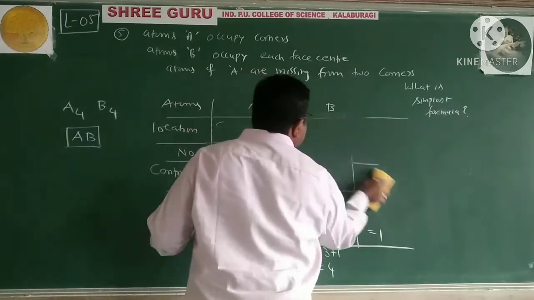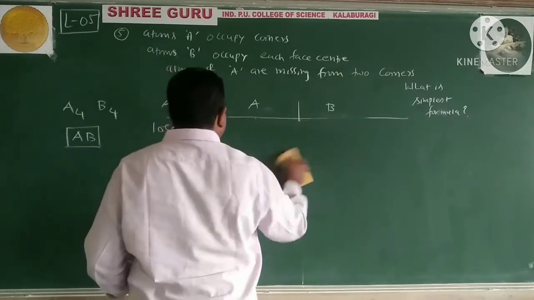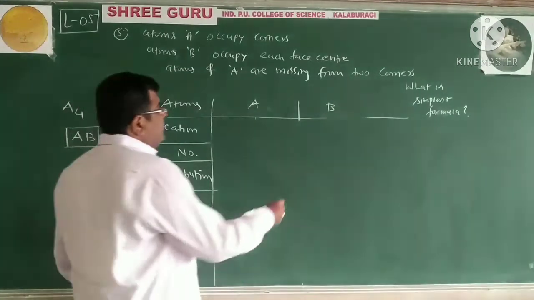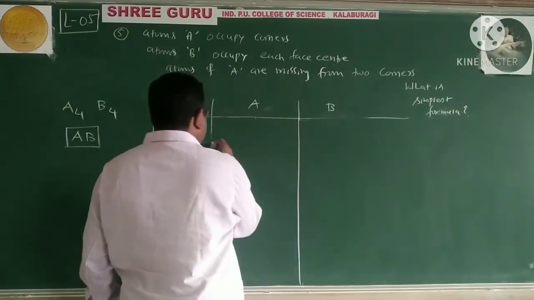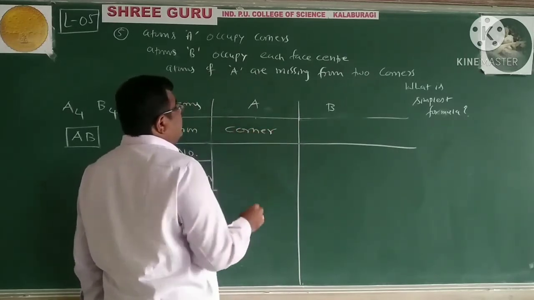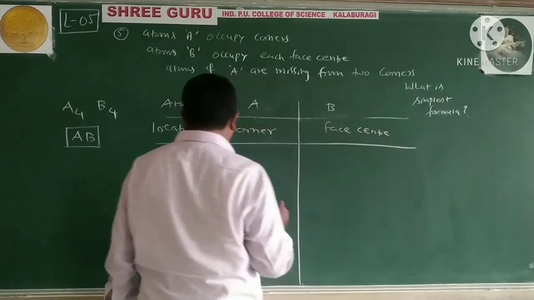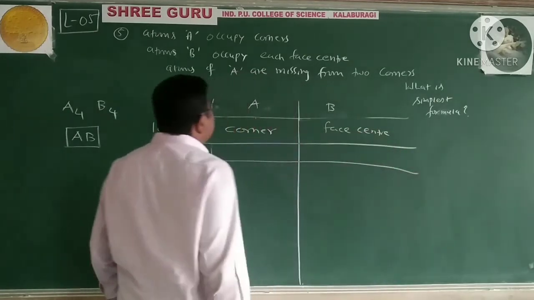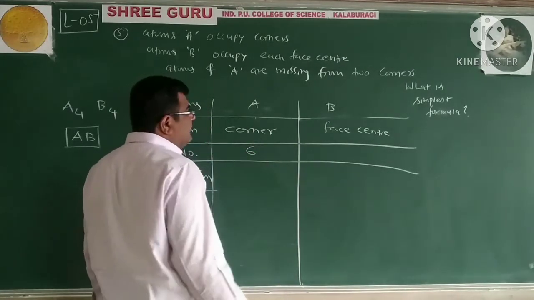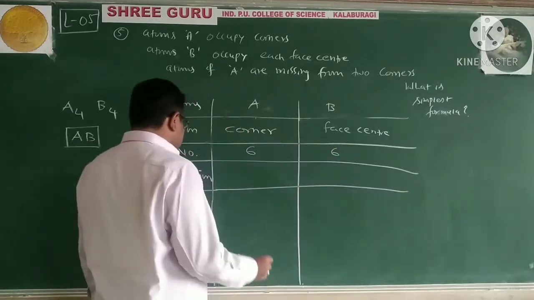I think exactly similar type of question we have solved in question number 2. It is just a different situation here. The location of A is corner and that of B is face center, and atoms of A are missing from two corners, which means they are 6 in number, but face centers are as they were, 6.